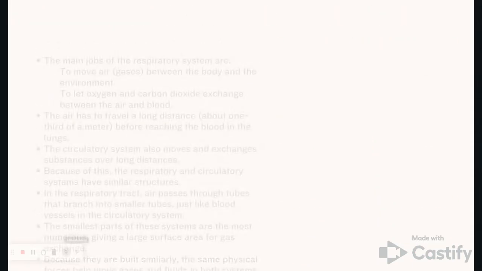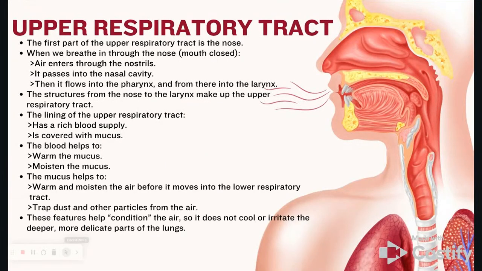All right, moving along. We know our respiratory tract has an upper and lower part. Just to preface, when I'm talking about breathing here, I'm talking about breathing through the nose, not through the mouth, because breathing through the nose is the normal respiration. For anything I'm discussing, it's going through the nose, not the mouth. The first part of the respiratory system is the nose.